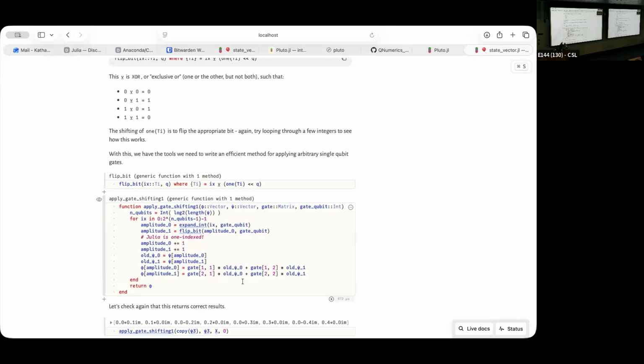Let's do 1, and 2 goes to 0. So a crucial aspect of the flip here is that if I flip it, these two are connected. So 1 goes to 0, 0 goes to 2, and 2 goes back to 0. So this thing is effectively reversible, which it should be.